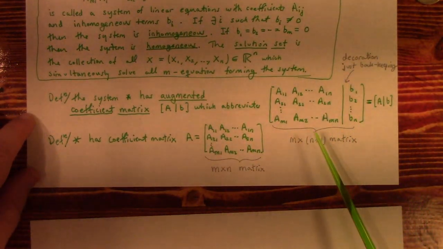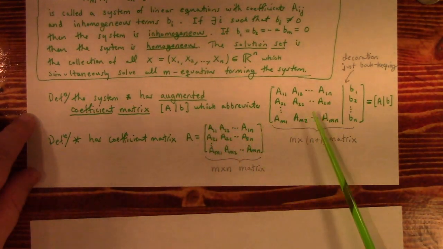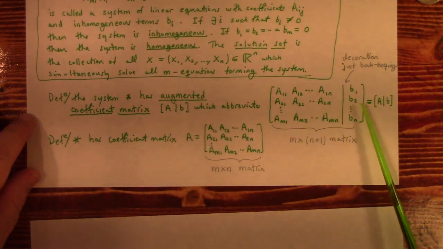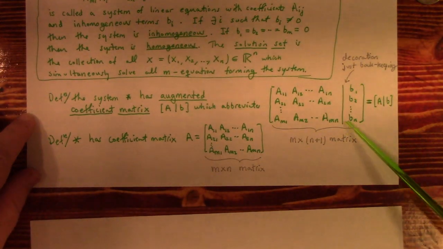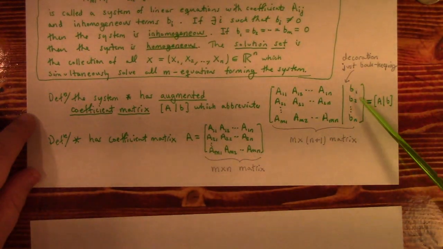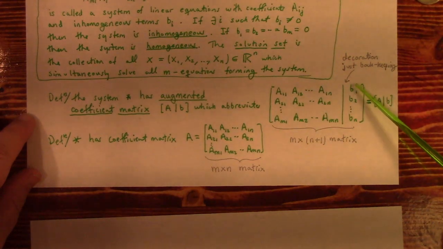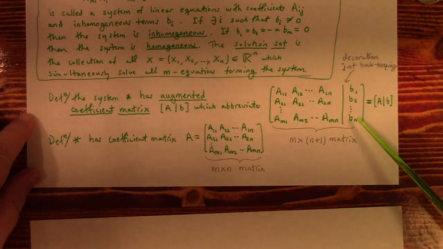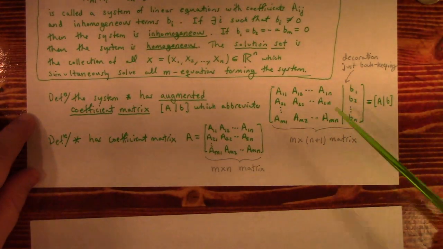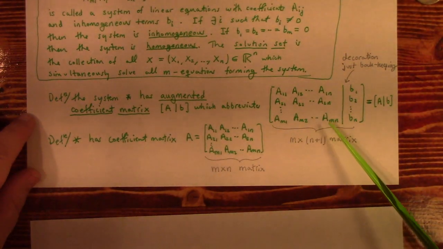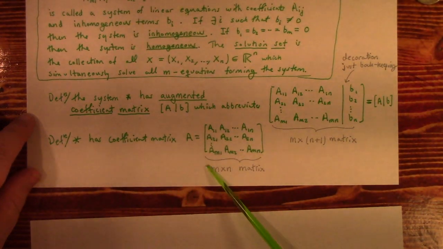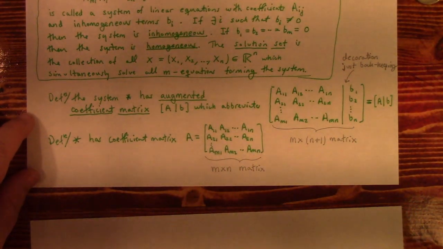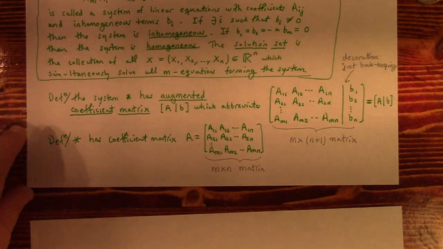This augmented coefficient matrix just has the numbers that are the coefficients from the system, and the last column is the home of all the inhomogeneous terms. If any one of these is non-zero, then it corresponds to an inhomogeneous system. The first n columns we just call the coefficient matrix. It has nothing to do with the inhomogeneous terms directly.